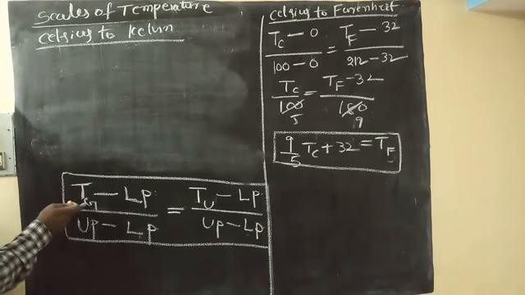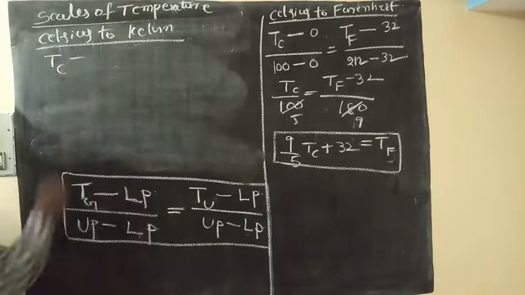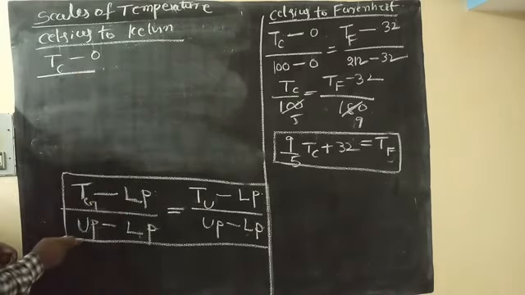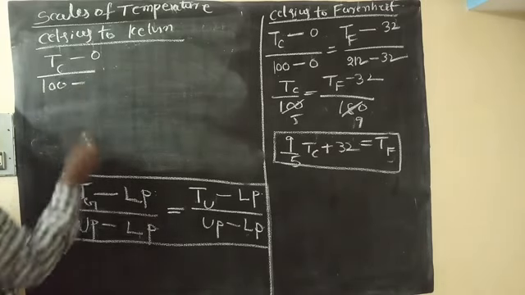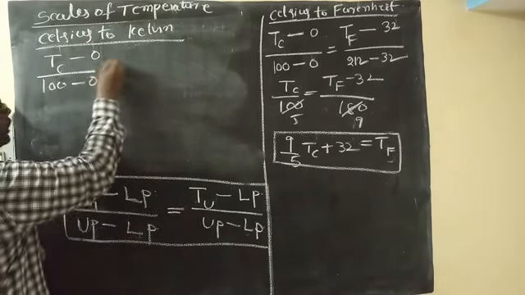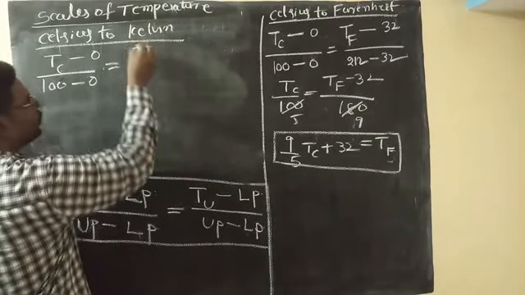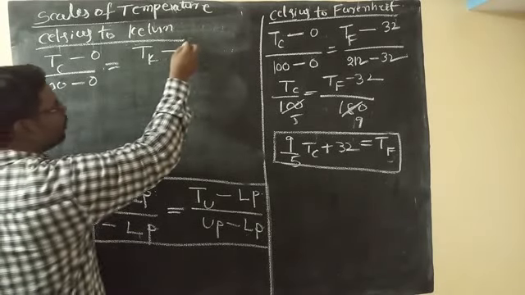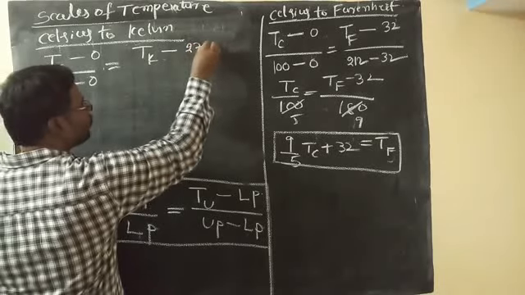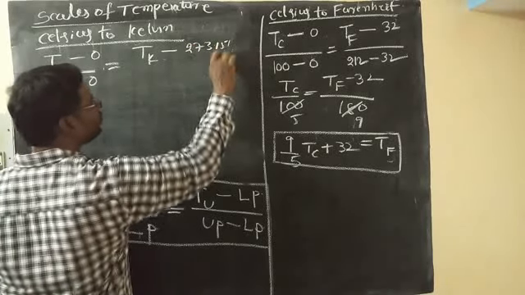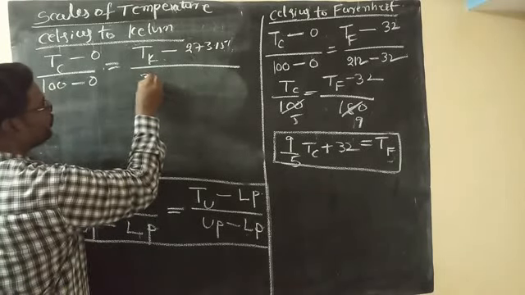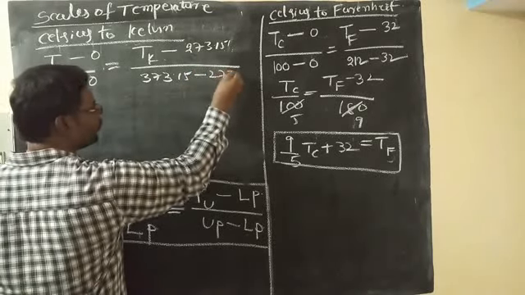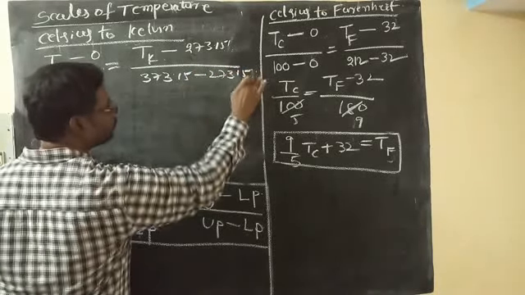So now given temperature scale, that is TC minus lower point of Celsius scale is 0 by upper point of Celsius scale is 100 minus lower point of Celsius scale is 0, that is equal to temperature of unknown scale, that is Kelvin scale, minus Kelvin scale lower point is 273.15 Kelvin by upper point is 373.15 Kelvin minus 273.15 Kelvin, isn't it?